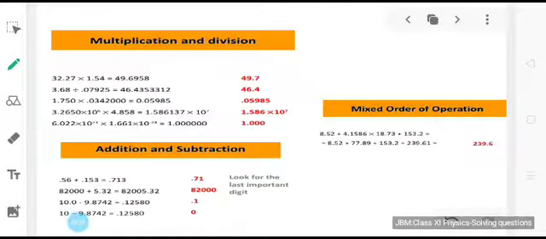So I've given you one example where you can see a compiled result of how we can apply the learnt concepts, like the rules regarding multiplication, division, addition and subtraction, and also mixed order of operation. So let me zoom it for you. In the first case, for multiplication and division, you can see how we can apply the result and how we have rounded it off, keeping in mind the rule.